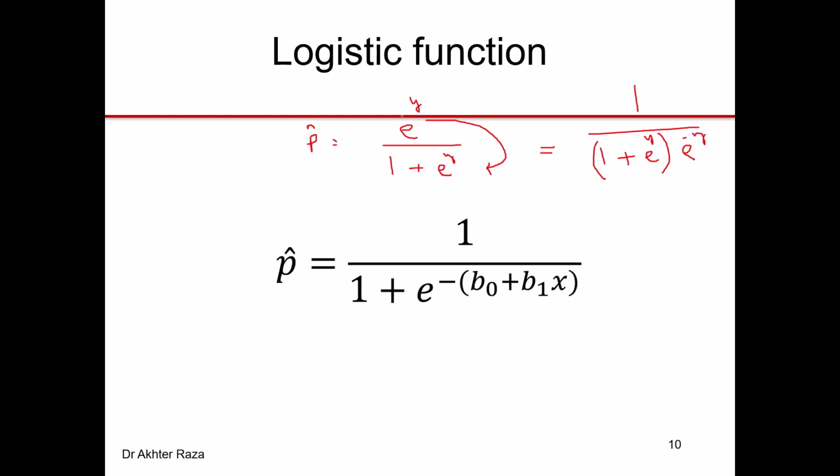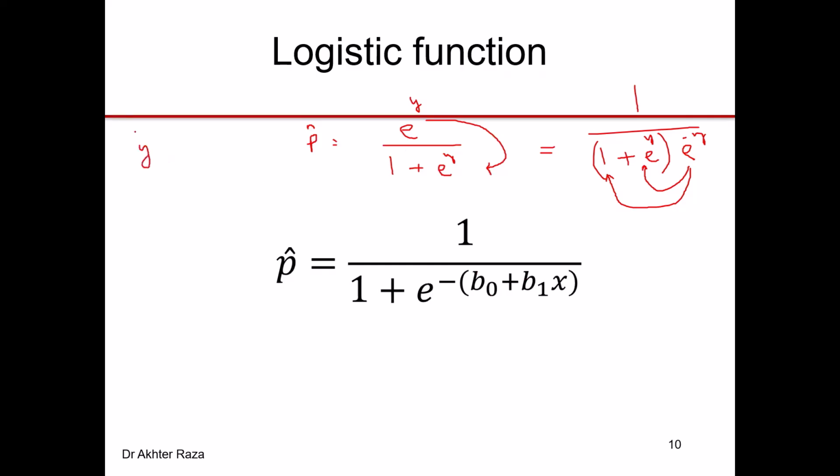This e raised to the power plus y will be shifted in the denominator by e raised to the power minus y. If I multiply this by first time this and second time this, because in the bracket we can multiply these two. So e raised to the power plus y, e raised to the power minus y becomes 1. This is 1. And e raised to the power minus y and 1 becomes e raised to the power minus y. So the value of y is what?